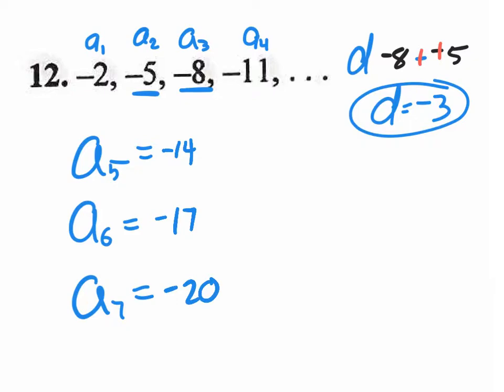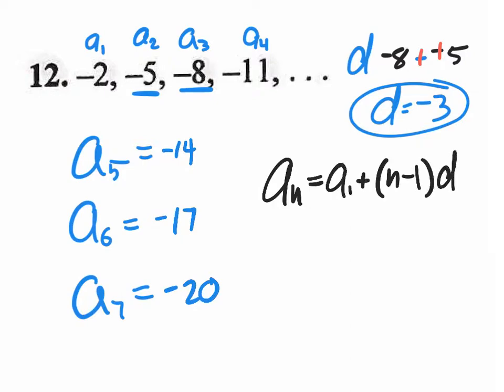Remember the general rule? It's a sub n equals a sub 1 plus parenthesis n minus 1 times a common difference d. We could have plugged in our a sub 1 value of negative 2, plus parenthesis n minus 1 times the common difference negative 3.